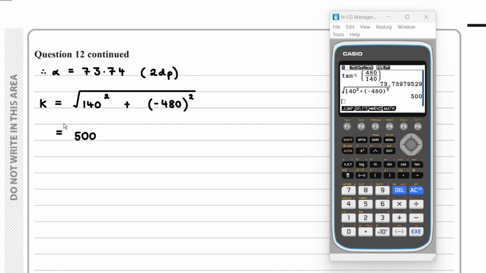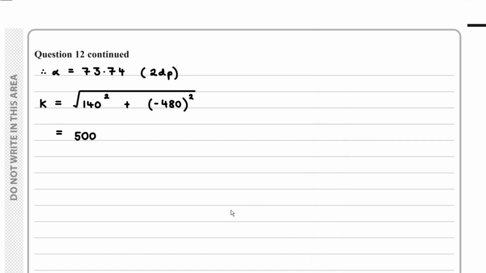It turns out k is 500. And knowing alpha and knowing k, we can therefore conclude 140 cos theta subtract 480 sin theta is equivalent to 500 cos of theta plus 73.74.